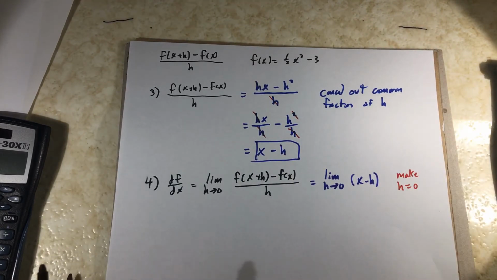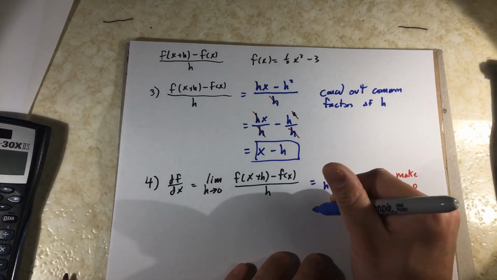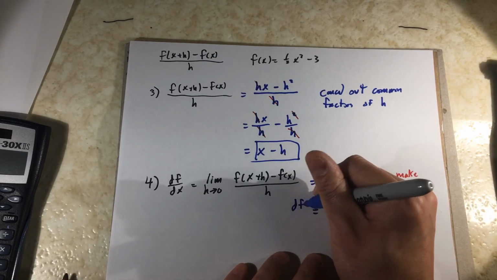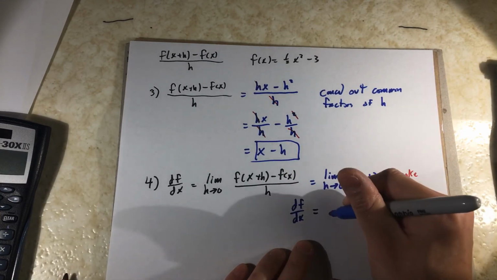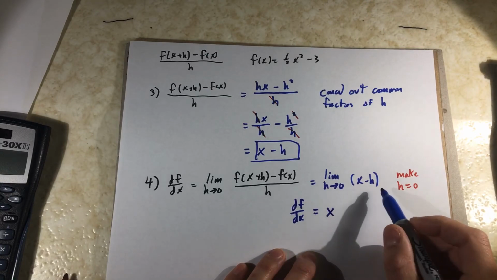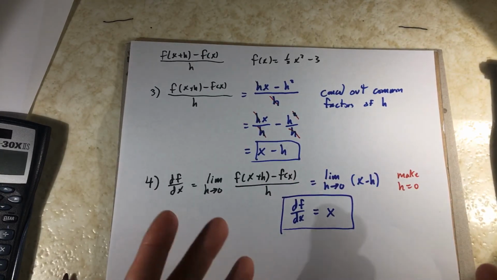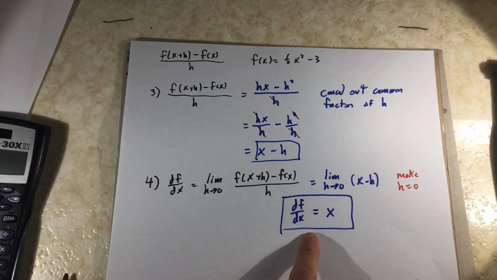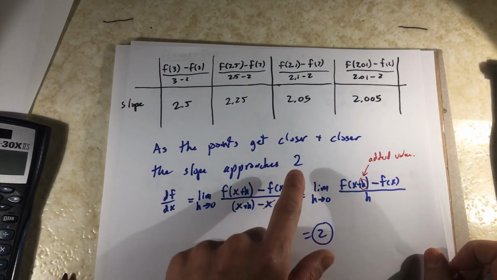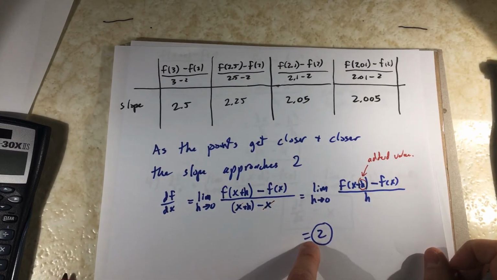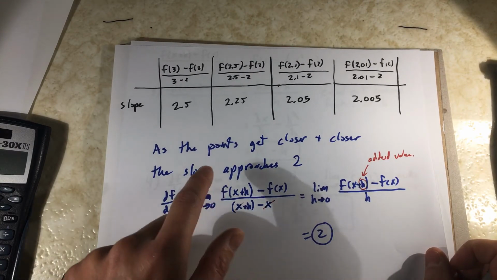And when you make h equal to 0, the derivative is equal to x, right? x plus 0 is just x. And in this particular case, that is the derivative. So we just found, for example, when we did this earlier with the approximation, that the derivative at x equals 2 was equal to 2, right?